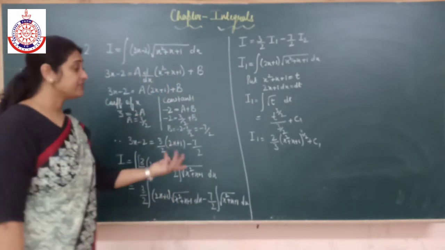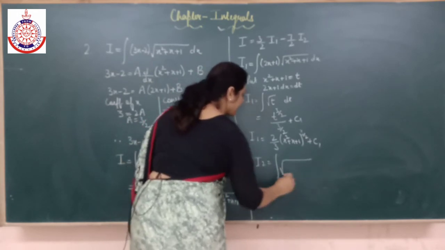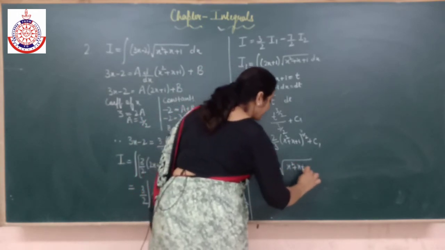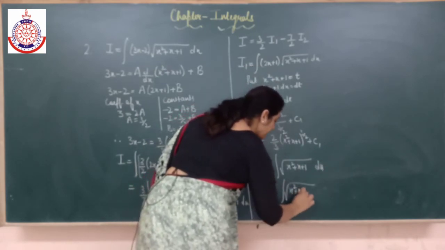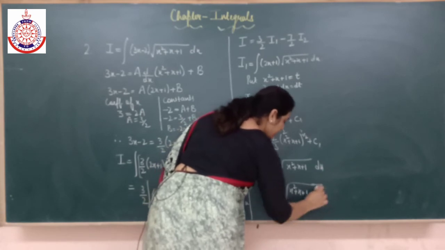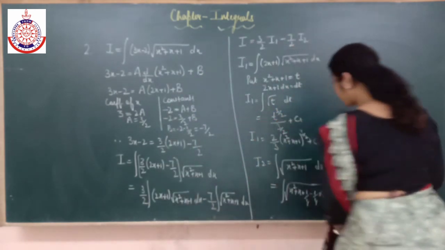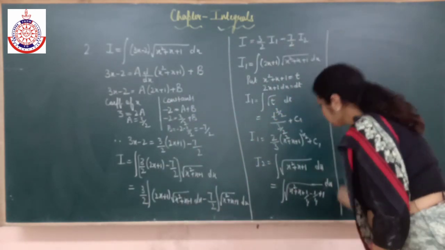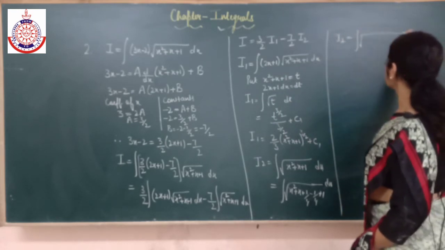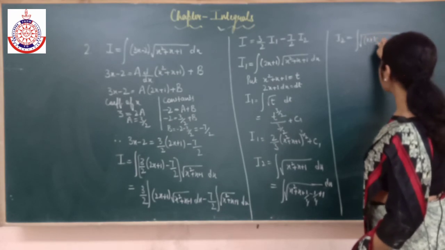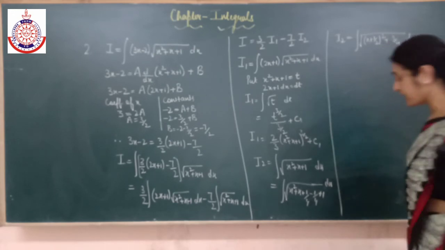I2 we already know, we have done questions of the same sort. Completing the square: x square plus x plus, half the coefficient of x is 1 by 2, and 1 by 2 square is 1 by 4, plus 1 dx. So this will become x plus 1 by 2 whole square, and this is plus 3 by 4 dx.